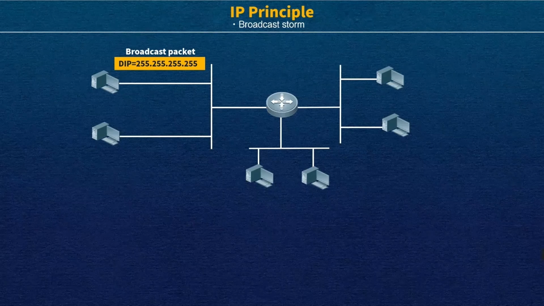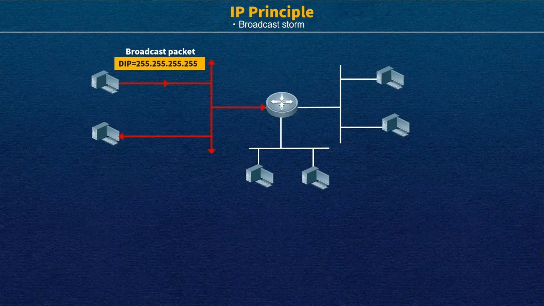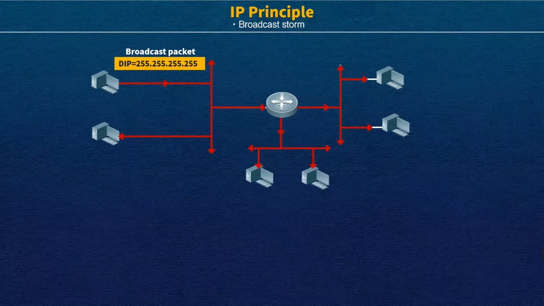And by default, if the switch receives this broadcast, it will forward it to everyone. In this scenario, if the router also helps us to forward the broadcast packet, that means in the network, everyone will receive this information. So this one we call a broadcast storm.